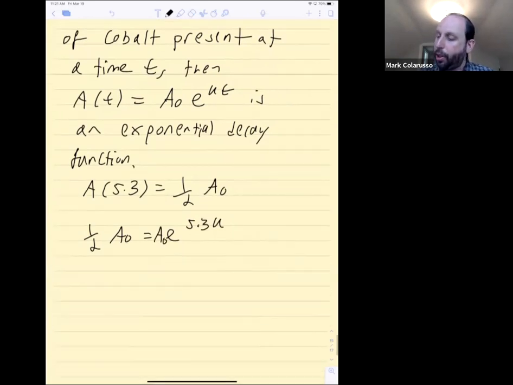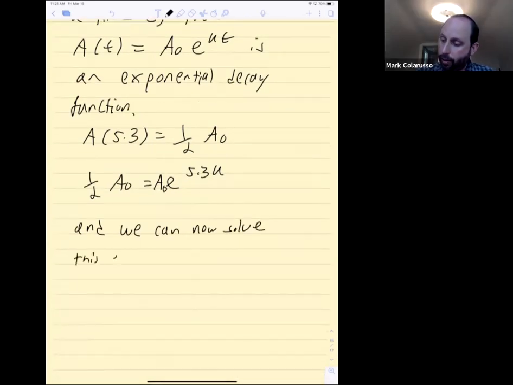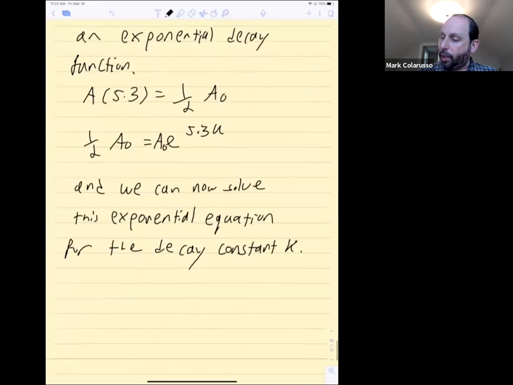And we can solve this exponential equation for the decay constant, K.